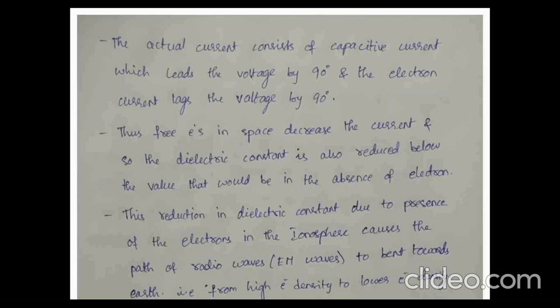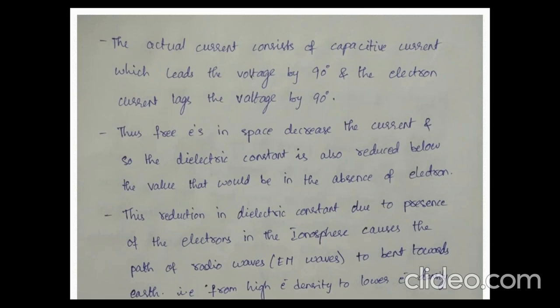The actual current consists of both capacitive current and electron current. Capacitive current leads the voltage by 90 degrees, and electron current lags the voltage by 90 degrees. So these free electrons decrease the current, and the dielectric constant K will also decrease.